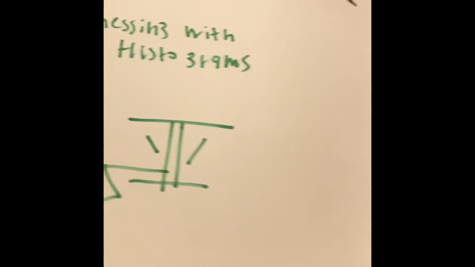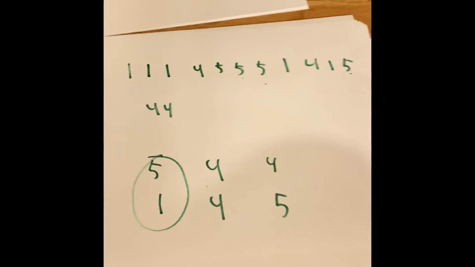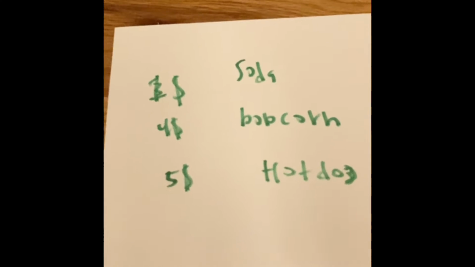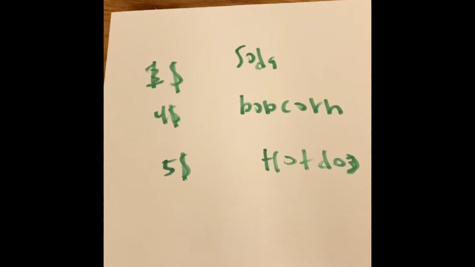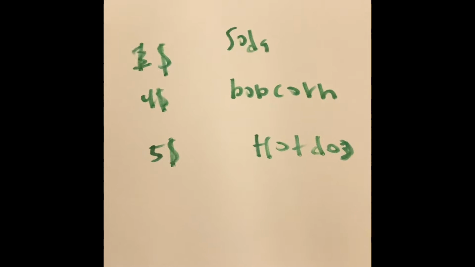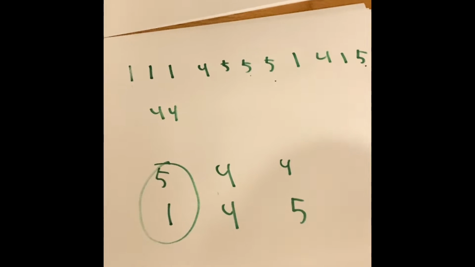In the previous video, we have been taking a look at the Amity Duals and mean, median, mode, range, and we were talking about $1 per soda, $4 per popcorn, and $5 per hot dog. This was at the concession stand, and we were trying to find which item was bought the most.